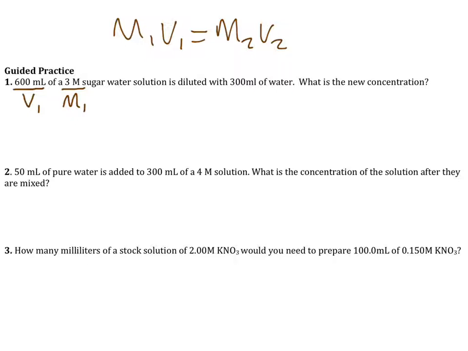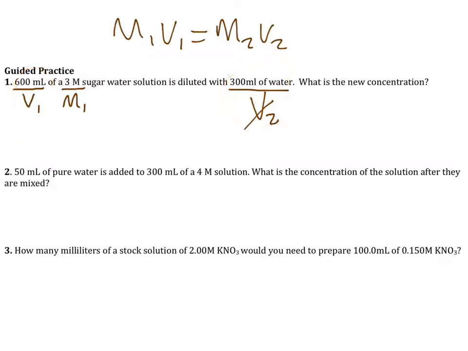Now, we dilute the solution with 300 milliliters of water, and what that means is we add 300 milliliters of water. This is not V2. This is really important to think about, because we're starting with 600 milliliters and then adding 300 milliliters. So what is V2 going to be?